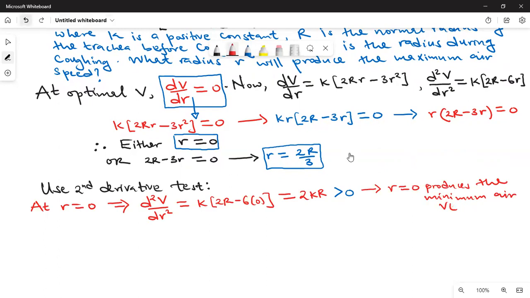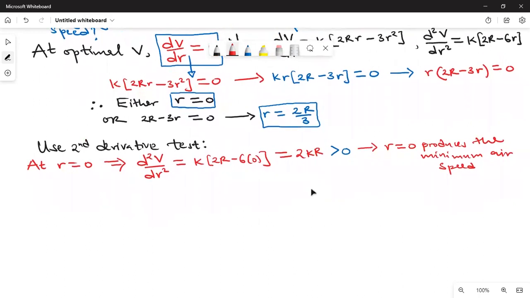We talk of speed. Minimum air speed. We wanted the one that produces maximum. Let's see whether the other one will give us maximum air speed.